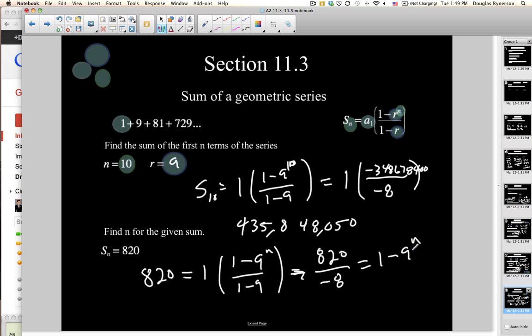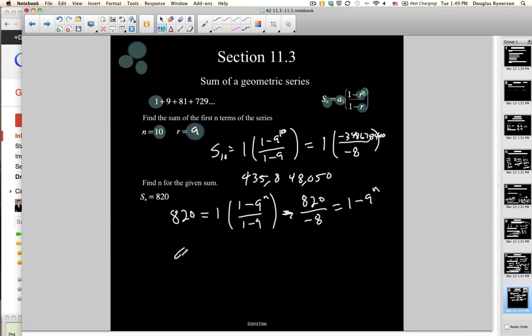Right? If I actually add 9 to the nth power to either side, I'll get 9 to the nth power is equal to 1 plus 820 divided by 8. So that's 102, and let's see, 0.5 plus 1, so this becomes 103.5. 9 to the nth power equals 103.5.